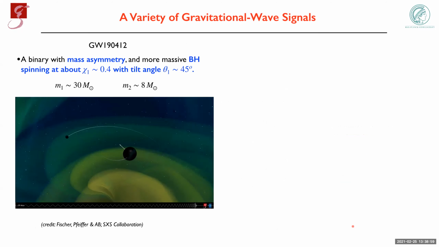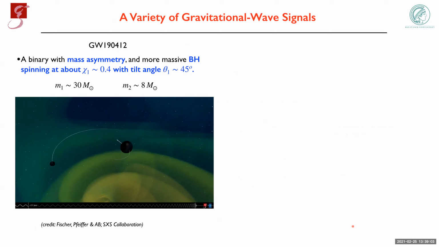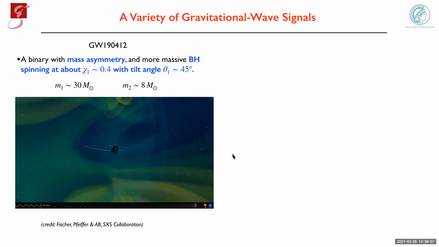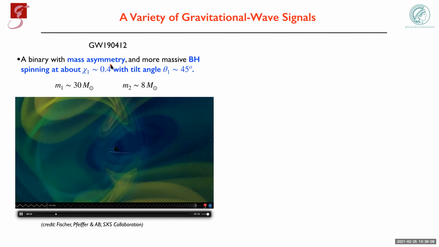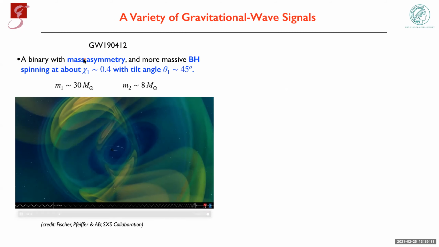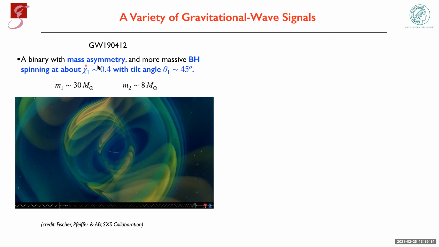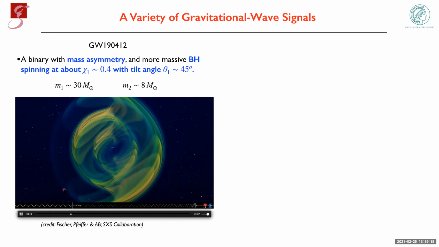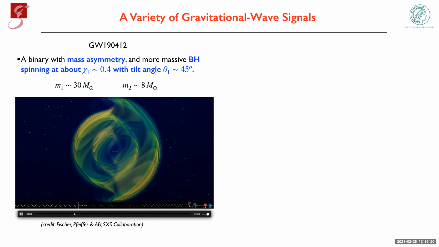Now, before I go into the test, again, I want to highlight the fact that on the left, we had also quite special events in this latest run. Events characterized like this one by a large asymmetry between the masses that you can see in these simulations. The signal in this case was quite long.